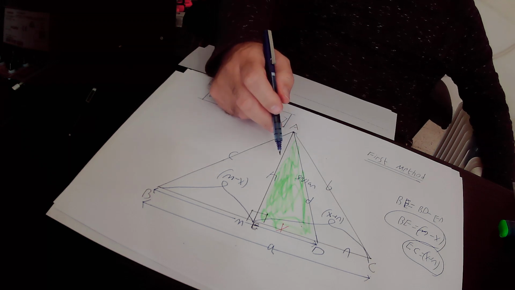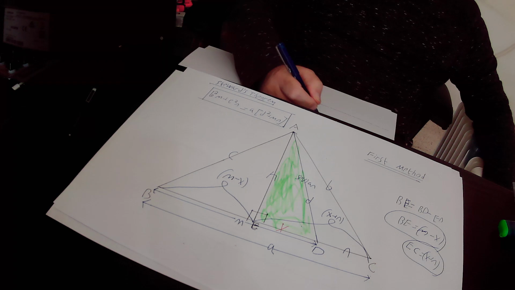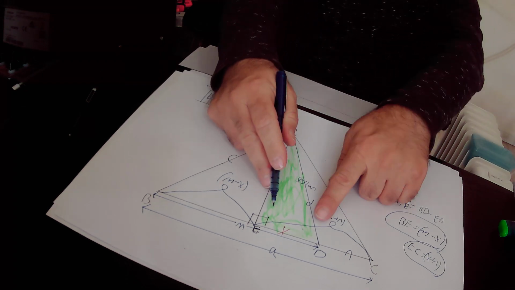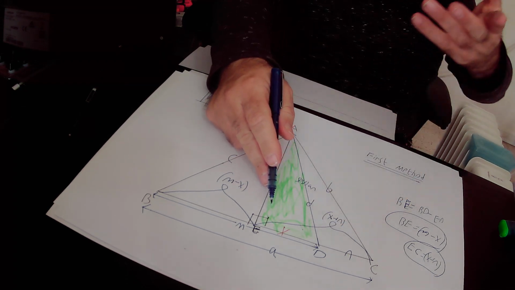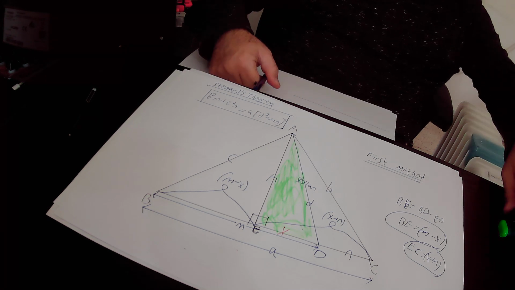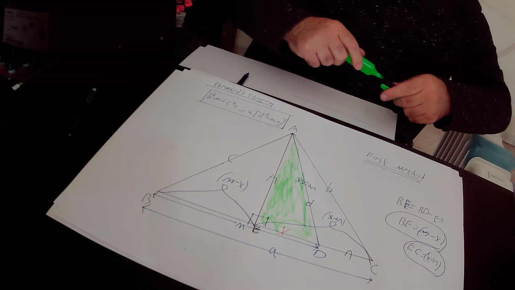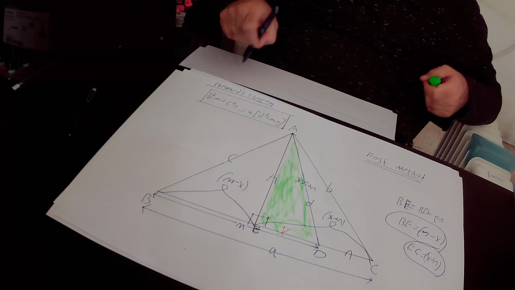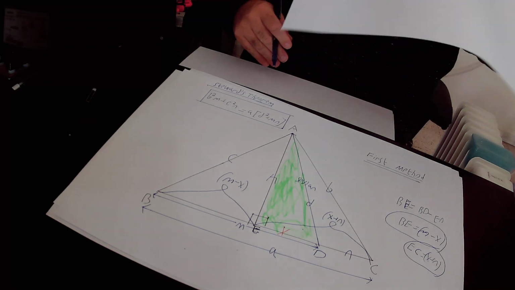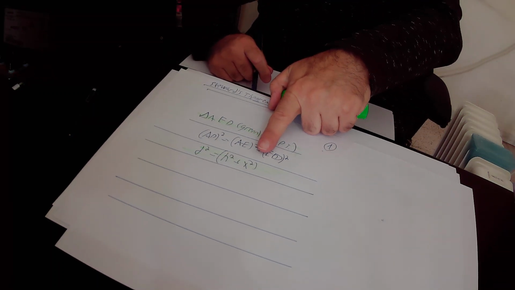AE equals H units, therefore AE squared is H squared, plus ED squared. ED equals X according to our definition, therefore ED squared is X squared. So in conclusion, we found out that in the right green triangle AED, D squared is equal to H squared plus X squared.